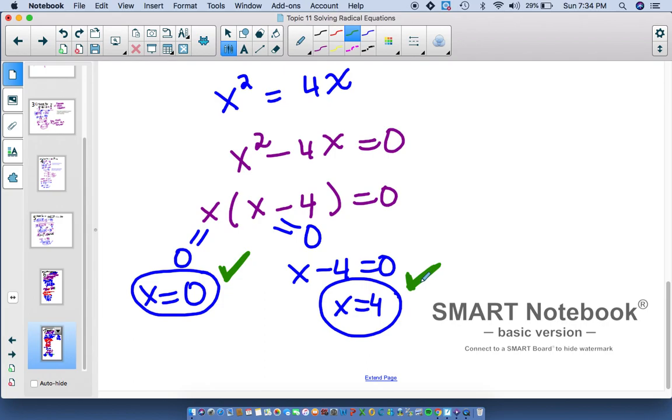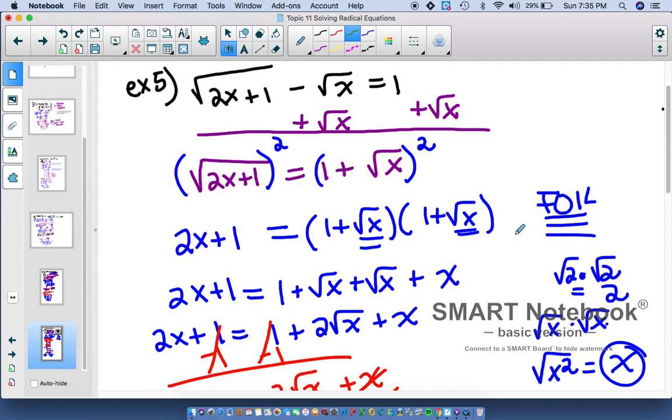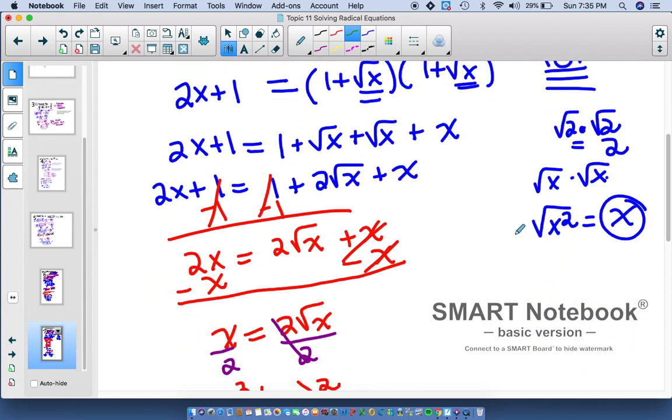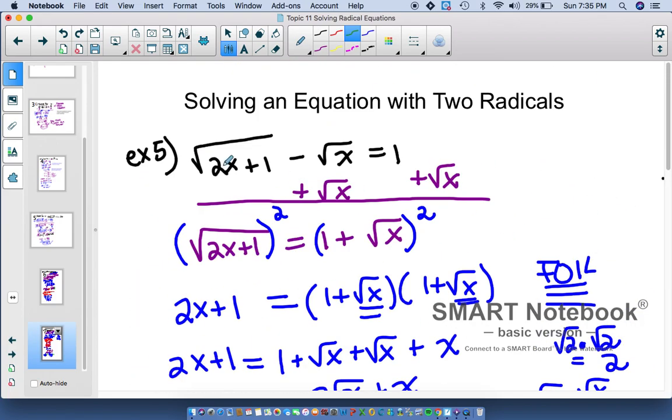Now, this problem was a little bit complicated. So if you had trouble understanding what I did, just rewind, rewatch it, and carefully go through the steps. But the main idea is that because there were two radicals, we had to isolate one first, square both sides.